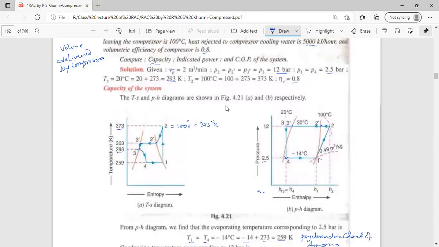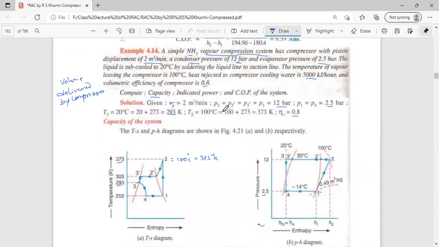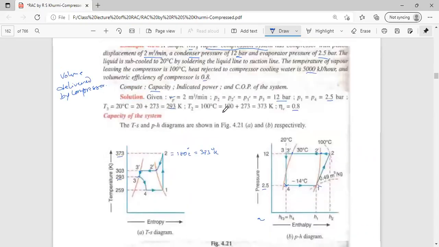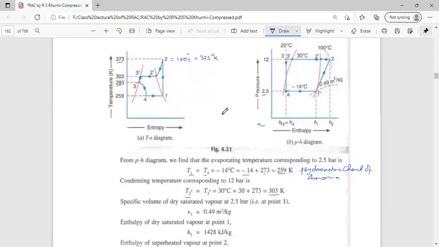This is also not given in the problem, but it is available from the chart if you put in the inputs like the pressure. The specific volume of dry saturated vapor at 2.5 bar is given as 0.49 cubic meter per kg.